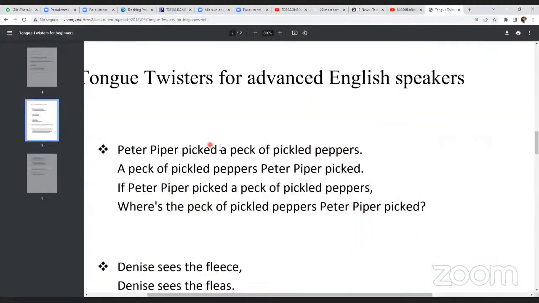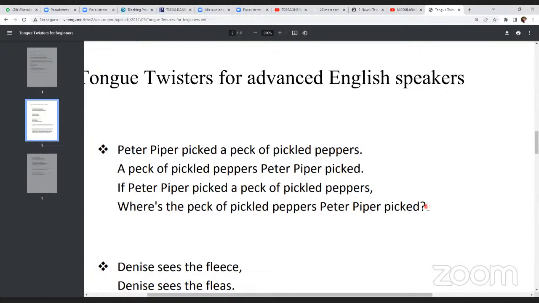So now we're going to practice a tongue twister, right? The point of the tongue twister is that you have to do it fast. So you're going to read first, and then you're going to do it a little bit fast, right? So it says, Peter Piper picked a peck of pickled peppers.